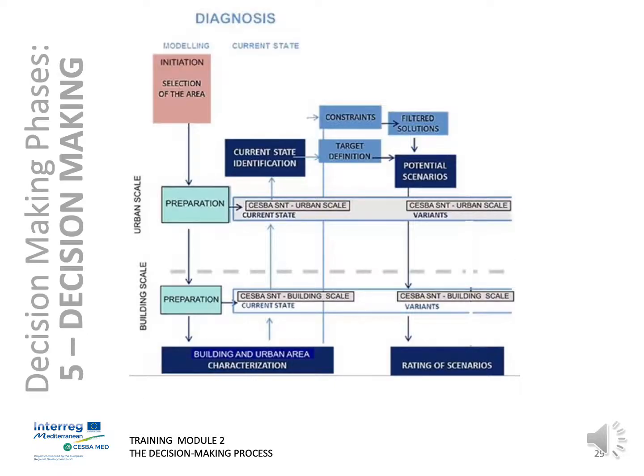So, moving on with our phases, we now come to phase 5, which is the decision-making phase, in which we filter out solutions from the given constraints and look at potential scenarios and actually rate these scenarios.